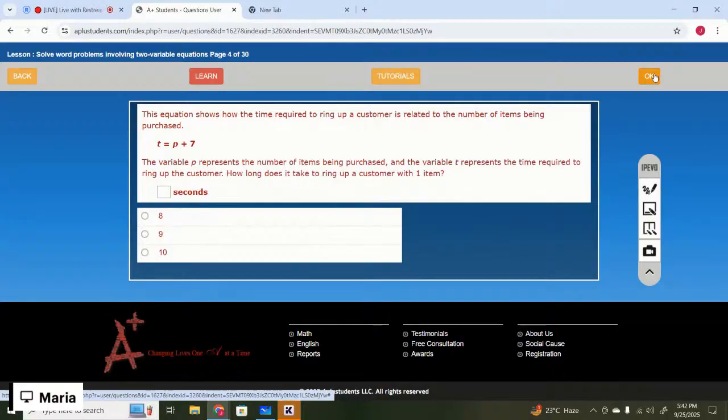So, which is the correct option? P equals 1. So, 7 plus 1 is 8. Option number 1 is the correct option.